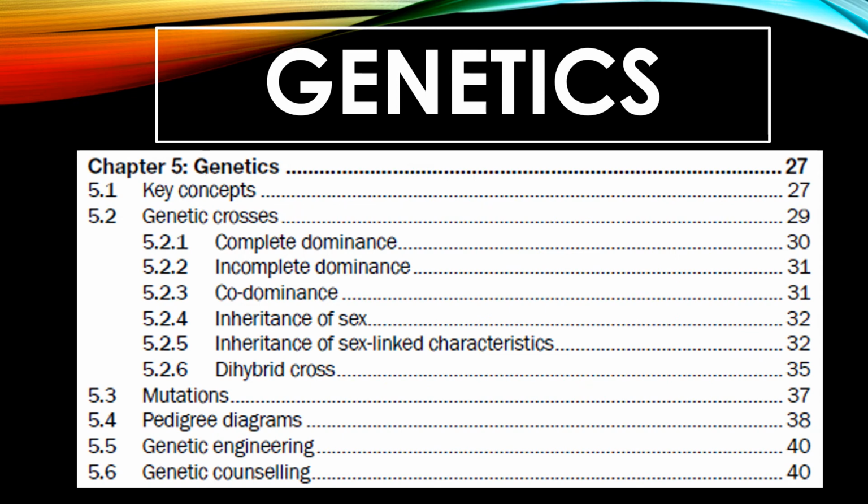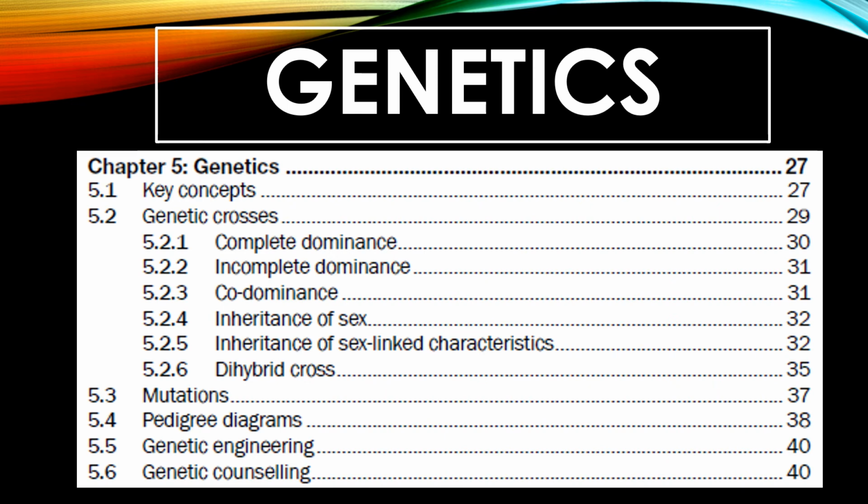Then we go to 5.2, the genetic crosses. Under genetic crosses, we'll be looking at 5.2.1, complete dominance, 5.2.2, incomplete dominance, and 5.2.3, codominance. These three types of dominance you need to understand, and you need to be able to differentiate between the three. You need to know which one is which. 5.2.4, the inheritance of sex. 5.2.5, inheritance of sex-linked characteristics.